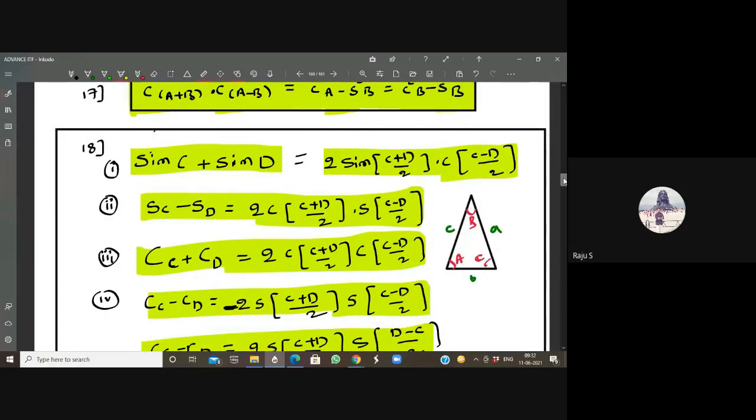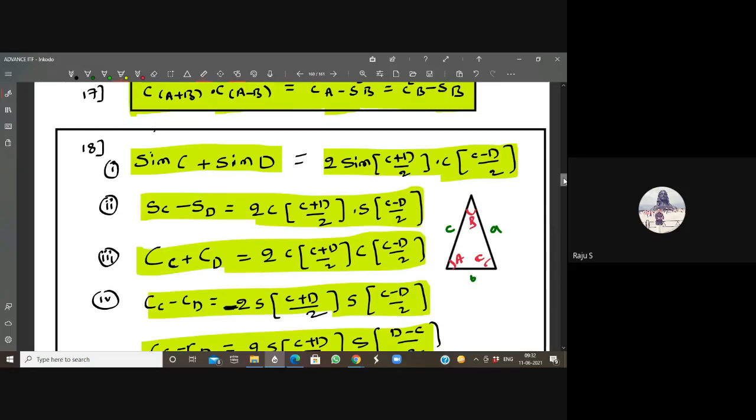See here, the uses of sin C plus sin D or sin C minus sin D are many, like in differentiation and integration. Not only that, we can use them in trigonometry also.